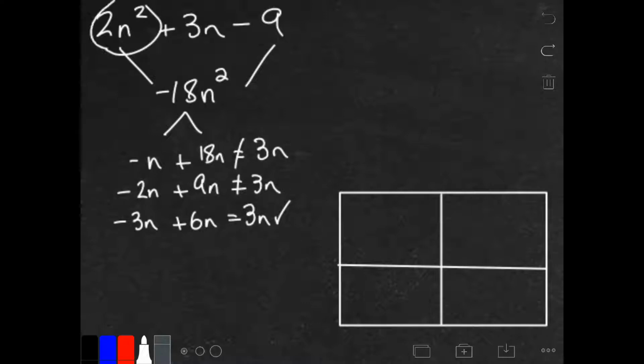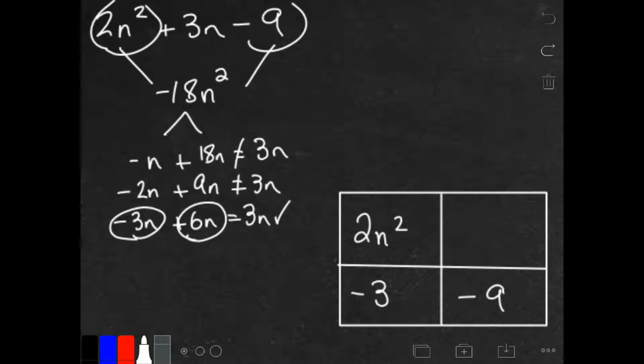So let's go ahead and put A in the top left, C in the bottom right, and we'll fill in our two new terms in the bottom left and top right. Factor the top row. We can factor out a 2n.